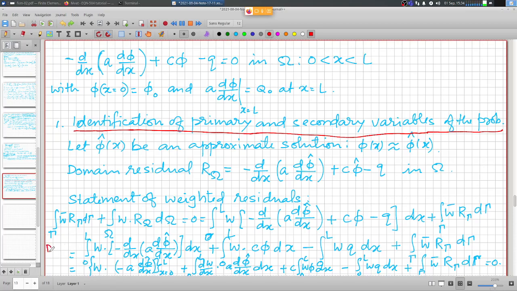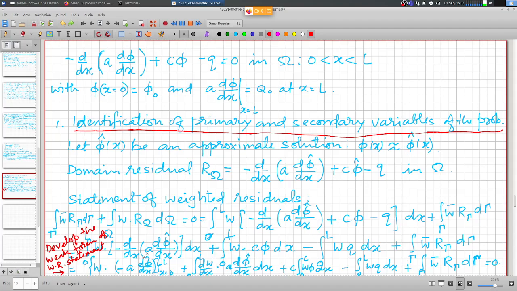So we develop the weak form of the weighted residual statement, and it involves one boundary term, rather it is evaluated at the boundary, and there are domain integrals.